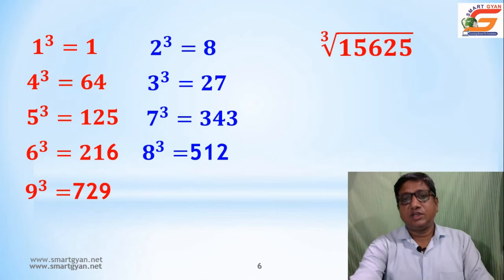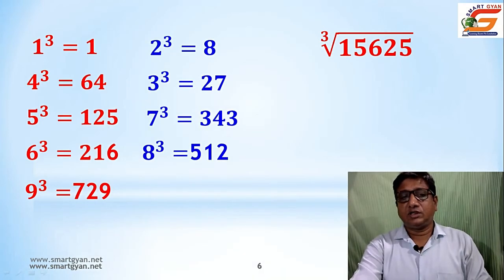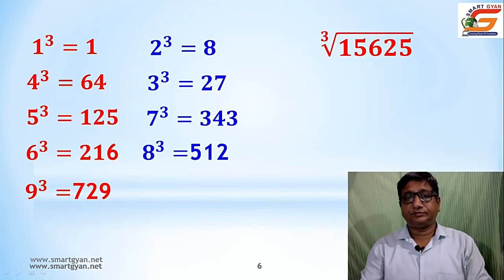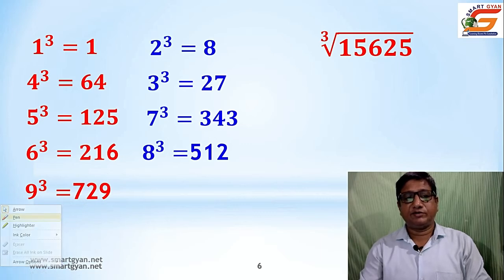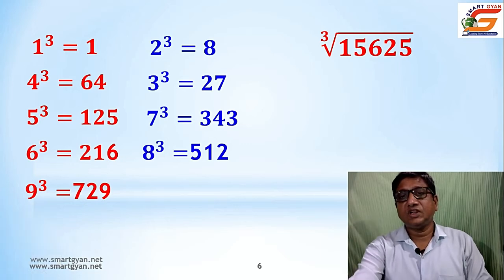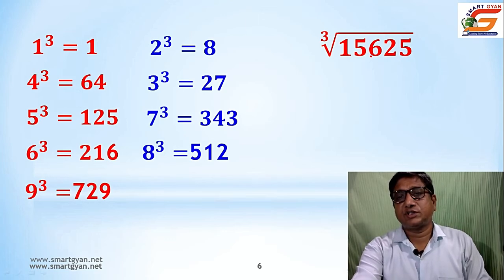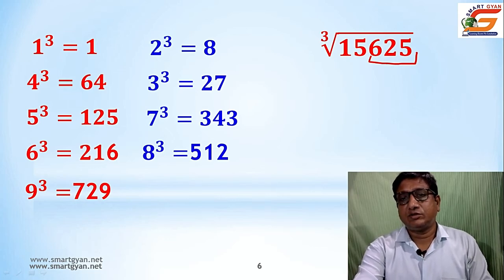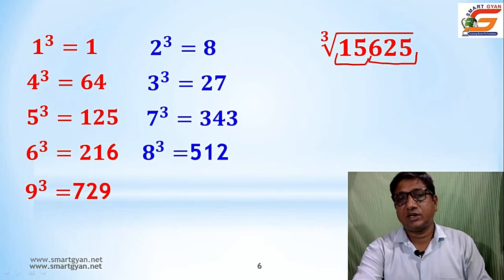First one: find the cube root of 15,625. As I mentioned in the previous question, group the number in groups of 3 digits from the right. Here 625 is one group and 15 is another group.